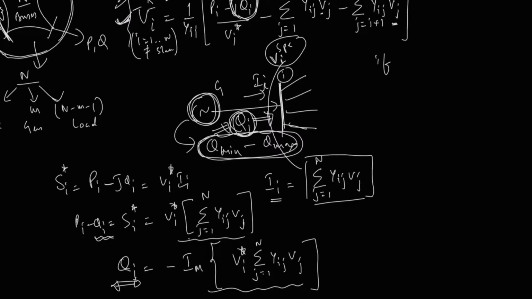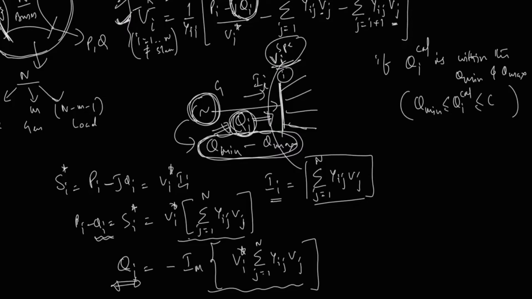If the Q_i, let me say it is the calculated value, is within Q minimum and Q maximum, the calculated value meaning the reactive power demand from the generator to maintain this voltage at this bus, is falling within the limits, that is Q minimum is less than or equal to Q_i calculated is less than or equal to Q maximum of that particular generator, i indicates that particular generator, right?